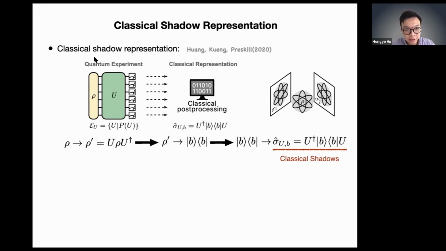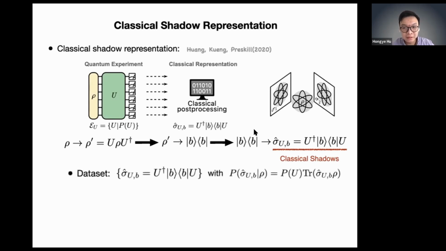When this unitary ensemble consists of global Clifford transformations, so each U is a Clifford gate, and |b⟩ is a bitstring, we see sigma hat is effectively a stabilizer state. With many experiments, we have a set of stabilizer states, and the distribution of the stabilizer states depends on the underlying quantum state rho.